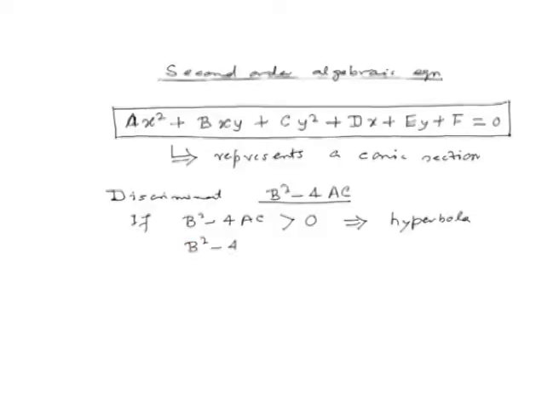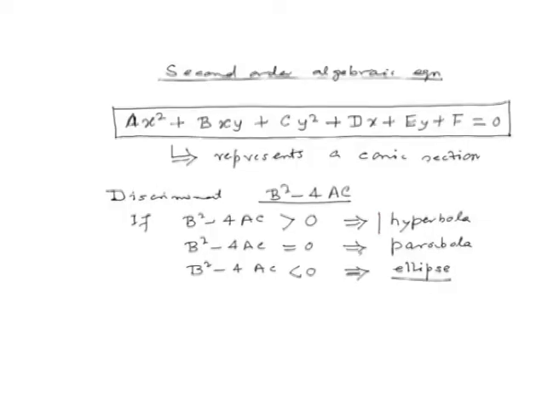If b square minus 4ac is equal to 0, in this case we have got a single characteristic and we call this curve a parabola. And if b square minus 4ac is less than 0, we do not get any characteristics and this equation represents our geometric shape called ellipse. Circle of course is a specialized case of an ellipse.